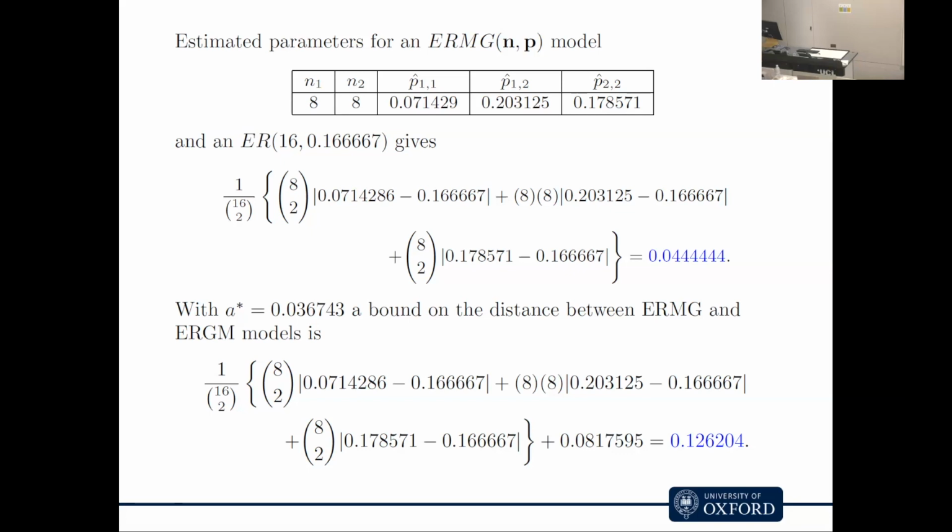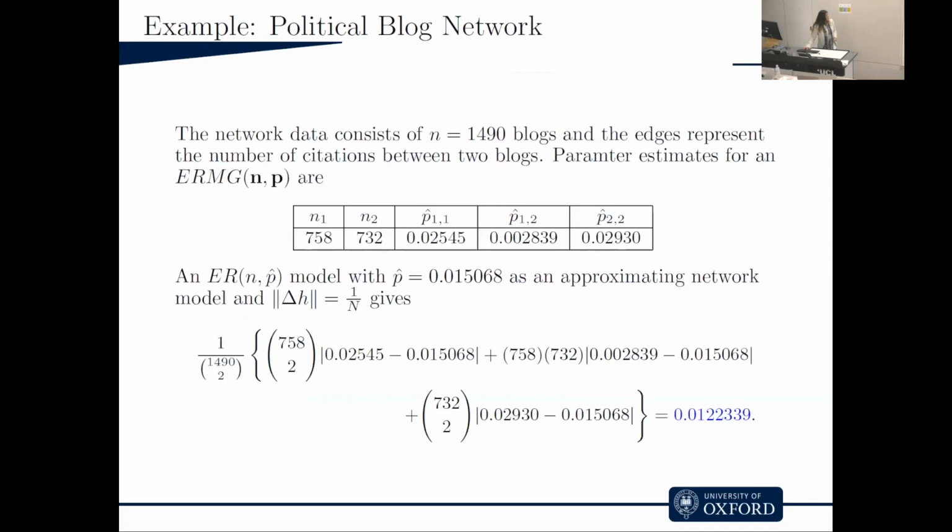This is the bound between ER and ER mixed graph models. And this is another exercise: the bound between the ER mixed graph and exponential random graph models. So this is the bound on the distance between two graphs. Looking at these bounds, is this distance small or large?